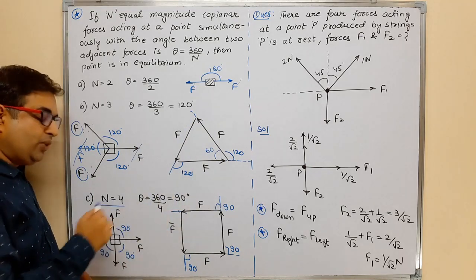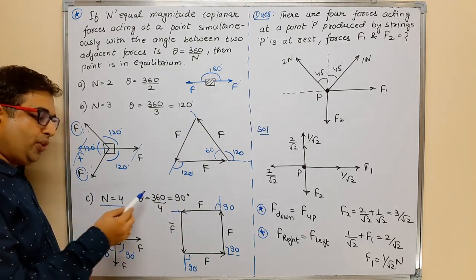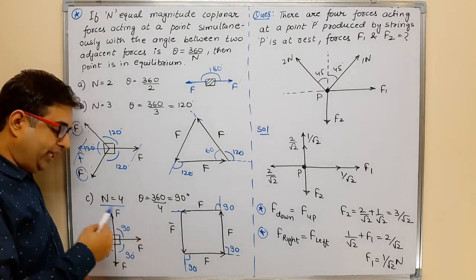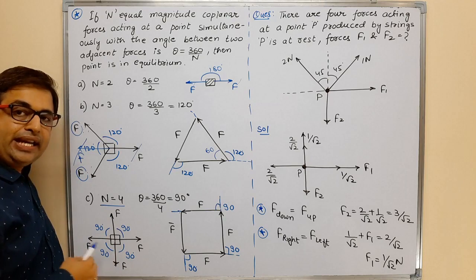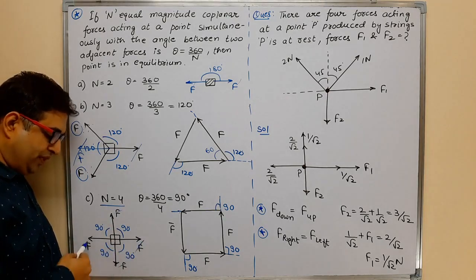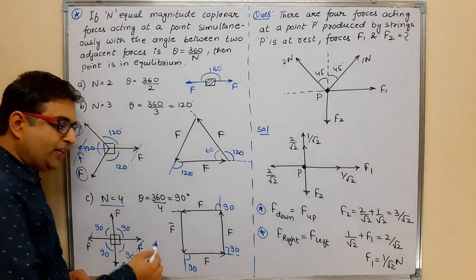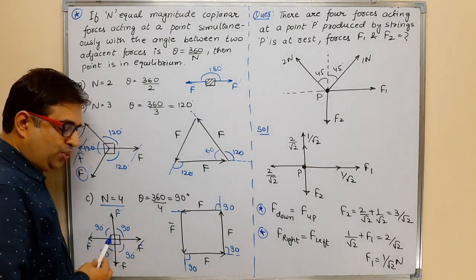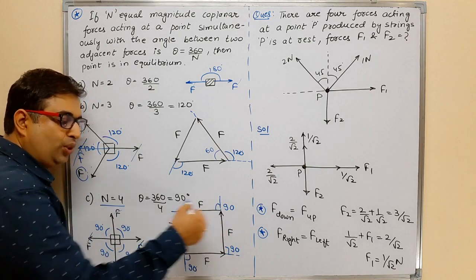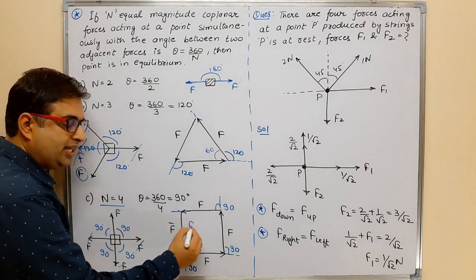Now I am taking n equal to 4. N equal to 4 means 360 divided by 4, that is 90 degree. So 4 equal forces are acting at 90 degree each. This force will cancel this force, this force will cancel this force. Or you can form a square by using these 4 forces. You can form a square, again a closed loop, so resultant is 0.